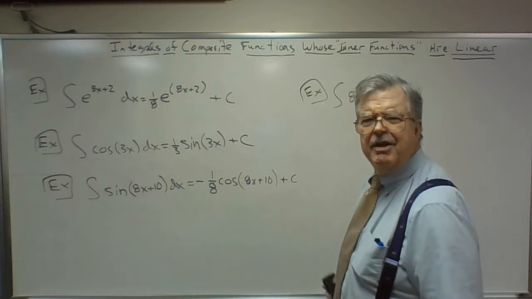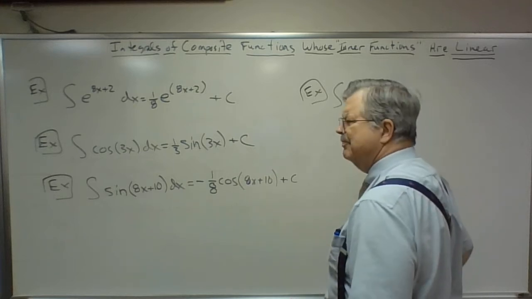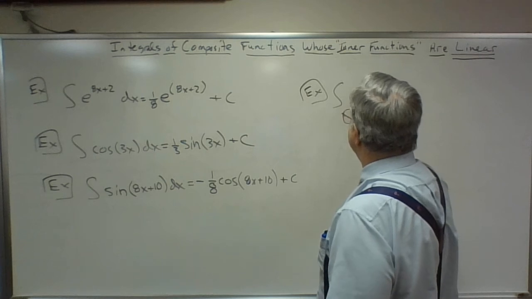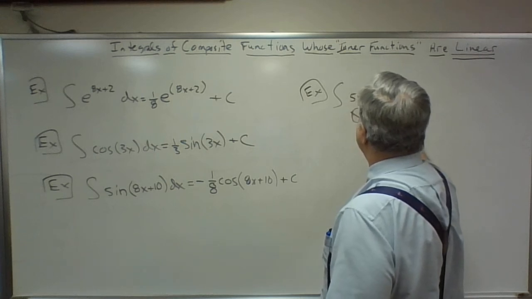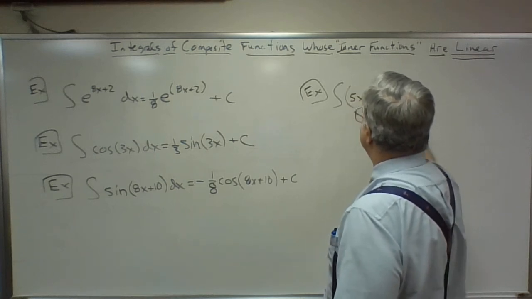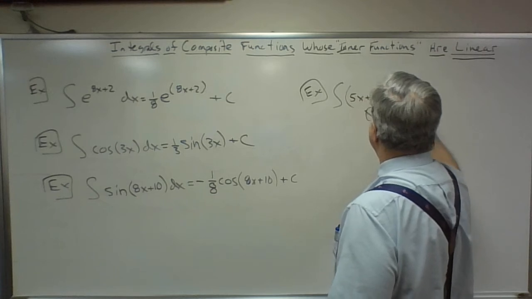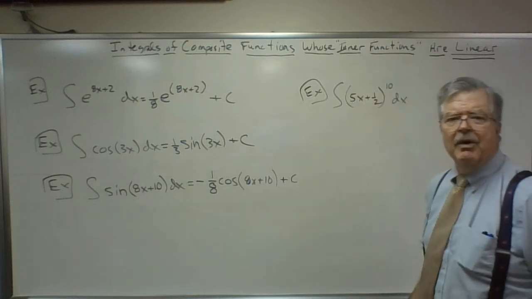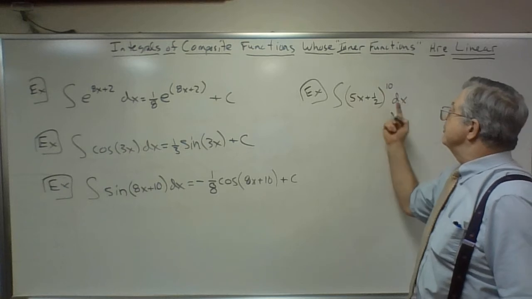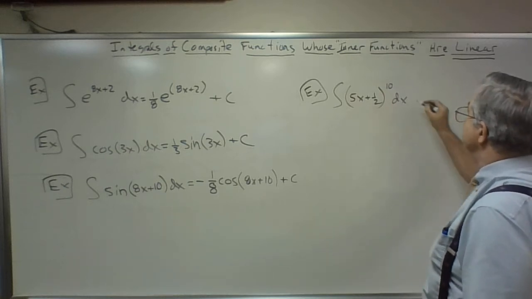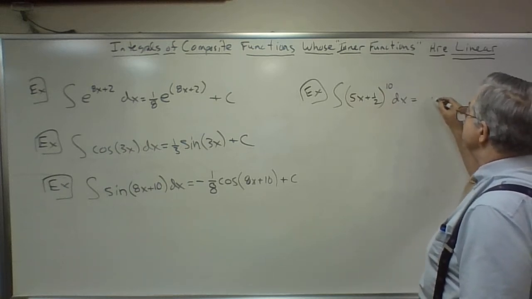I think we've seen the number 8 a few too many times. This one will work. It's a function raised to a power. Compute the antiderivative of something raised to a power.